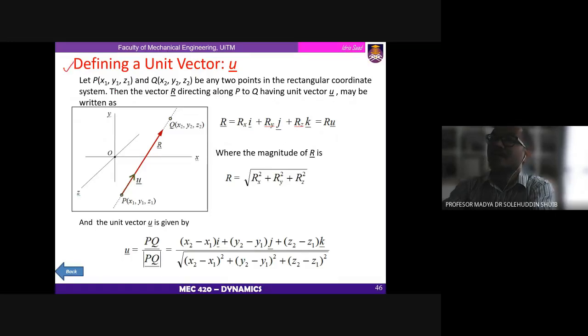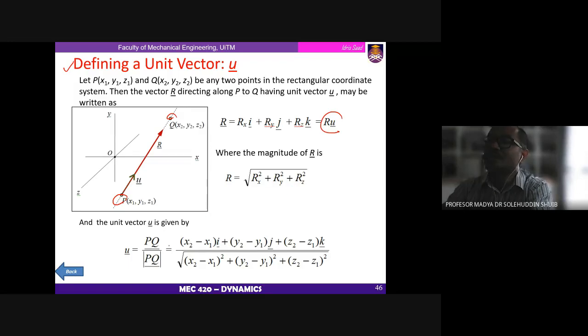This is how to define a unit vector. We have two points here, point P (x1, y1, z1) and Q (x2, y2, z2). And then we have the unit vector here. How to get the unit vector? You introduce the value of r, where r equals r times u, and r is the square root of x squared plus y squared plus z squared.